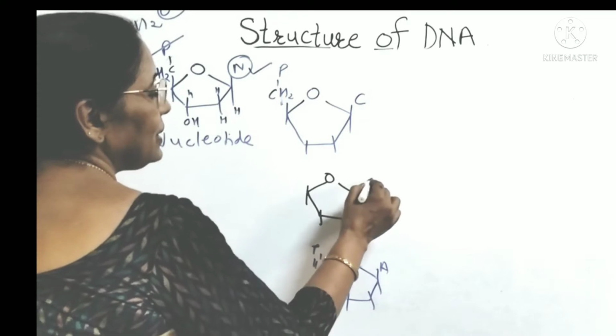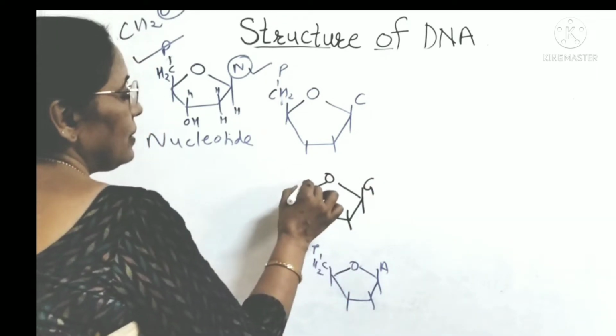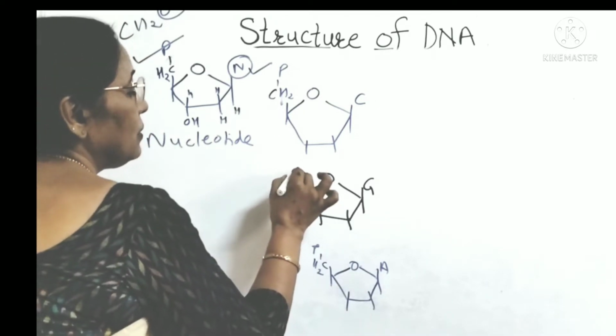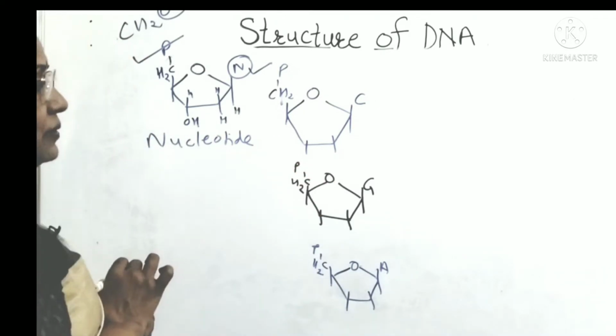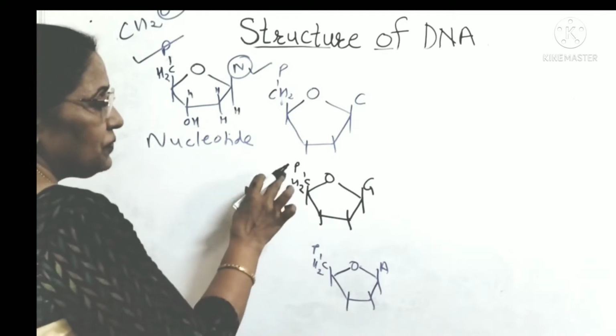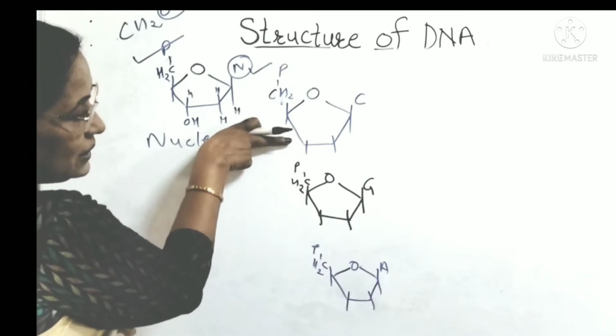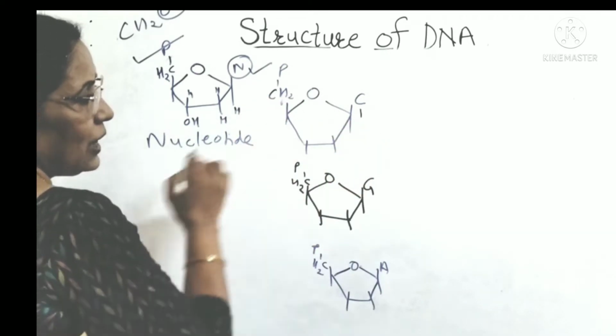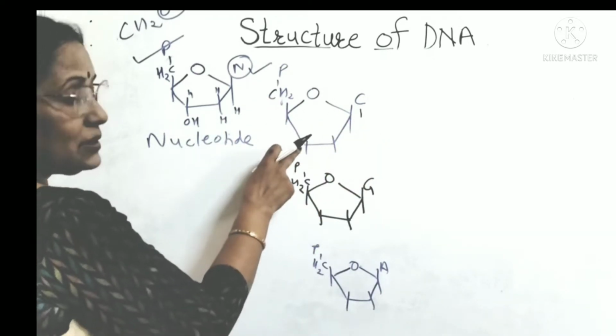Here say G is there. Here CH2OH is no more there, and the phosphate group. Now what is this position? This one. This is the nucleotide. This is its carbon 1 position.